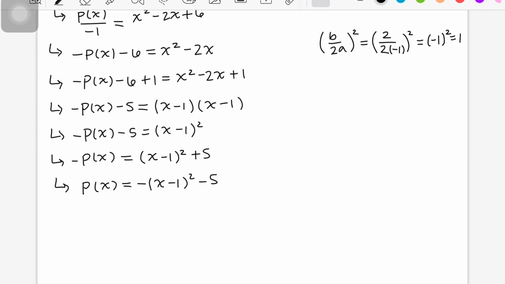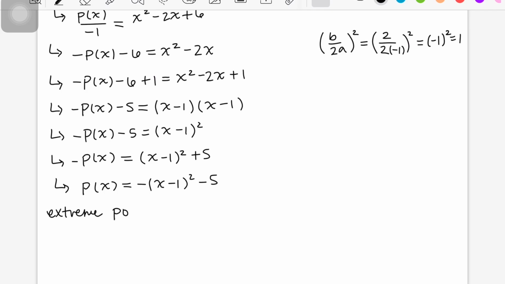Okay. So this tells us that our extreme point is going to be our h comma k. And since we have a -1 here, that tells us our h is going to be +1. And then our k is going to be -5. Then remember, our minimum value is our function evaluated at 1. And we know when we plug 1 into this, we'll get 1 minus 1 squared, so that's 0, and we'll get -5.